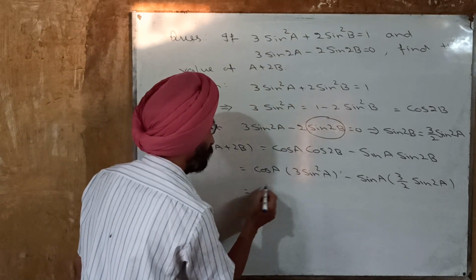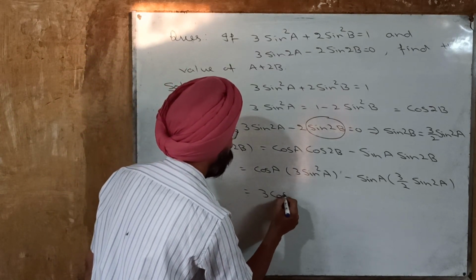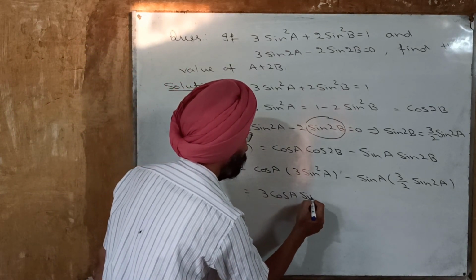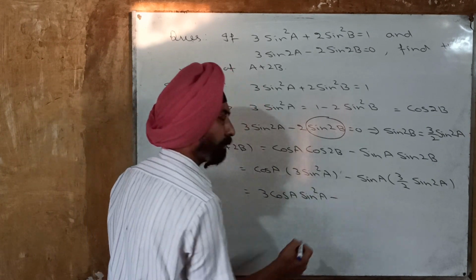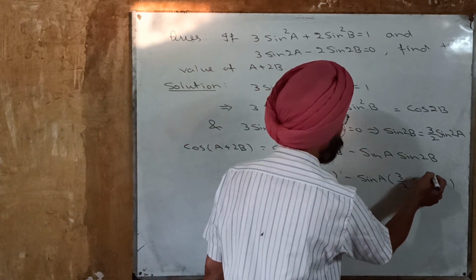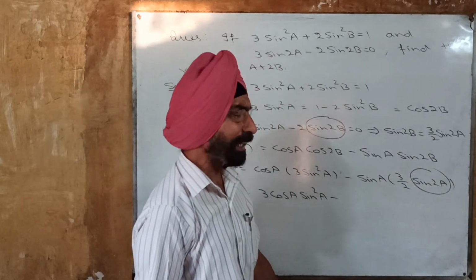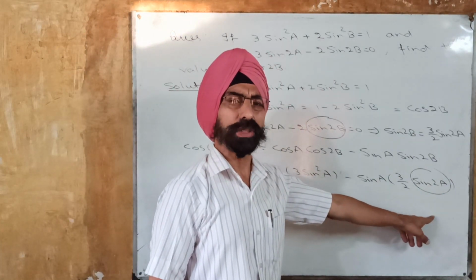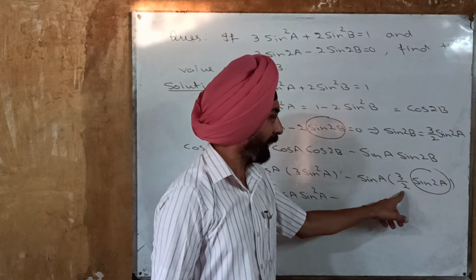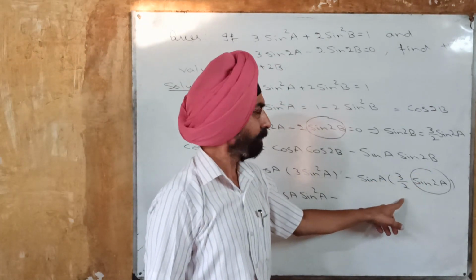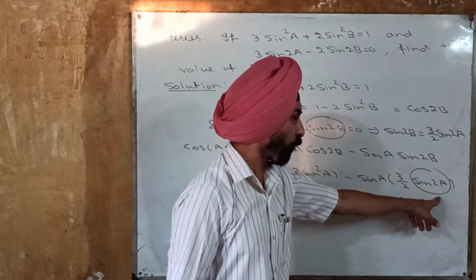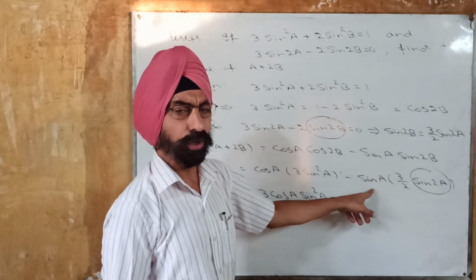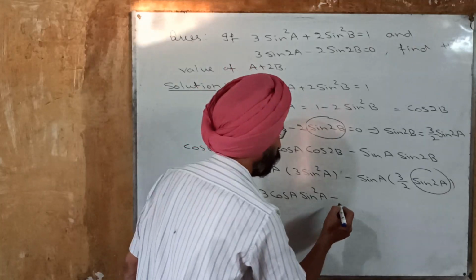Now it is 3 cos A sin square A minus this sin 2A, you can write it as 2 sin A cos A. When you write it as 2 sin A cos A, 2 will be cancelled out with the denominator and you will be left with 3 sin A cos A, and 1 sin A is there. So it is 3 sin square A cos A.